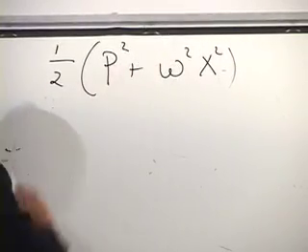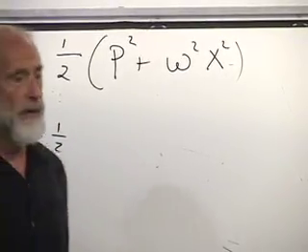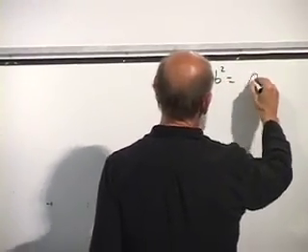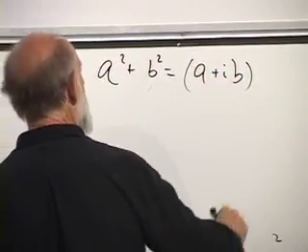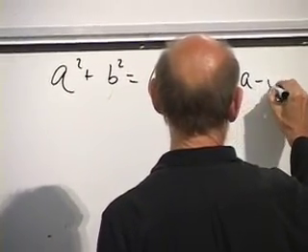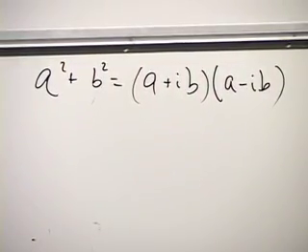This is the sums of squares. So we can rewrite this as 1/2, the sums of squares. I'm just going to use a squared plus b squared is equal to a plus ib times a minus ib. Now, do I have that right? Yeah, I have that right.